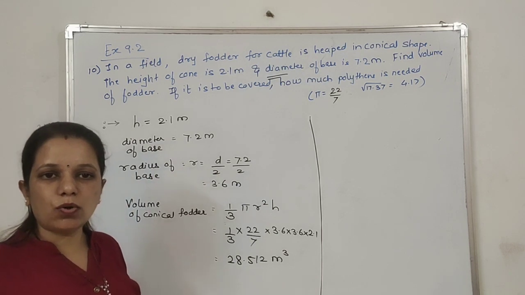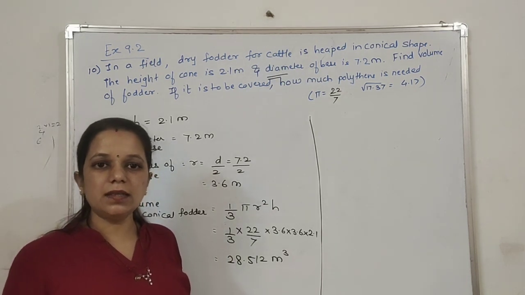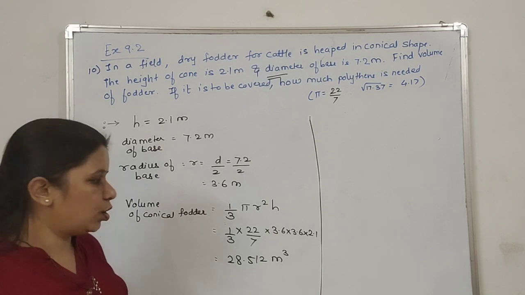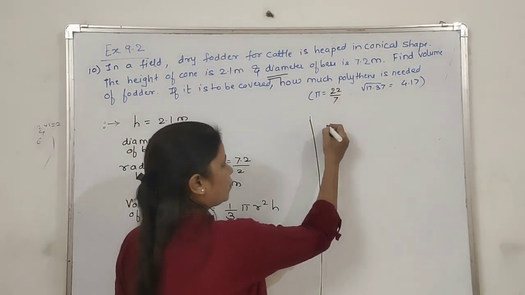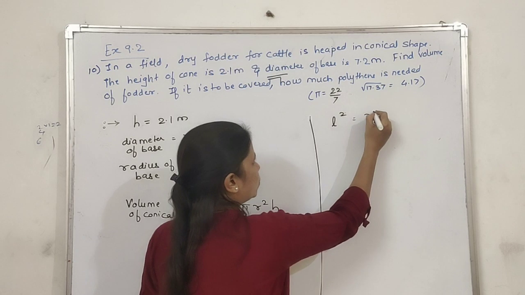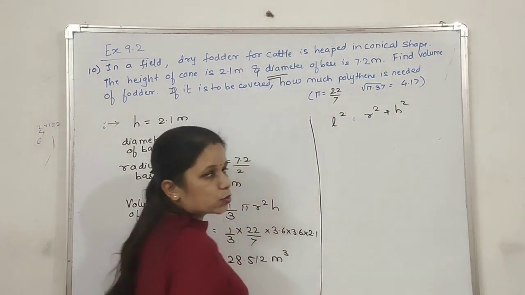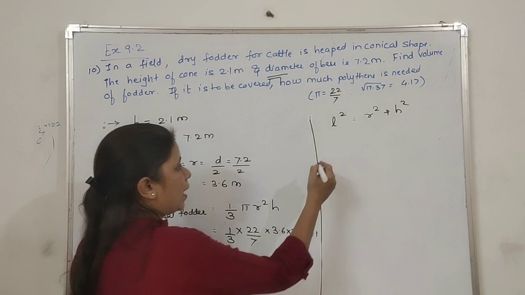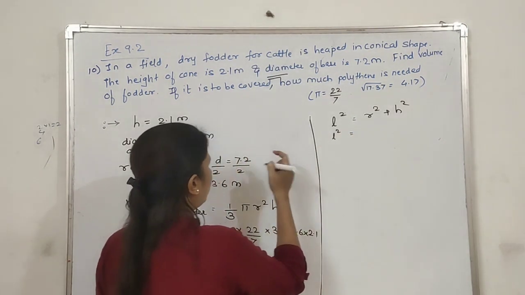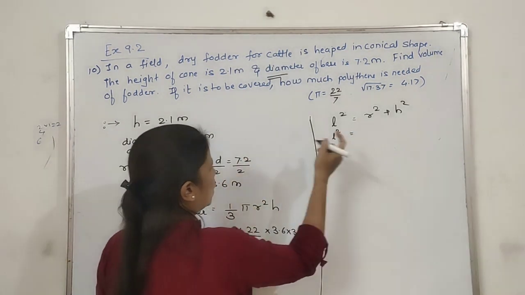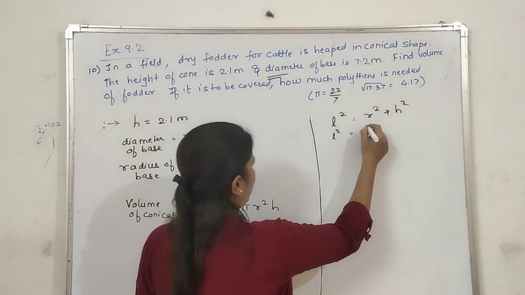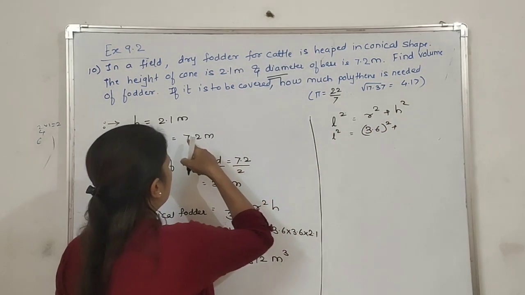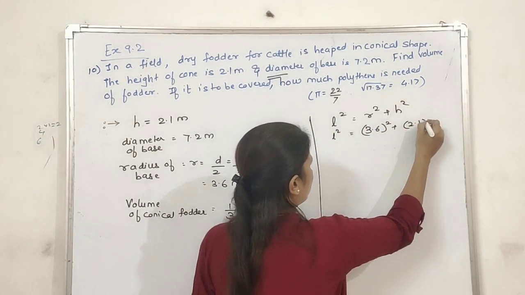Now to calculate the total surface area, we need the slant height also. So first, after calculating the volume, we will calculate the slant height using the formula L square is equal to R square plus H square. R is given to you, so L square is equal to 3.6 square plus 2.1 square.